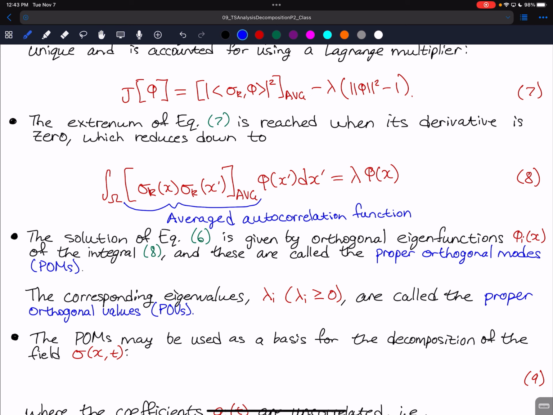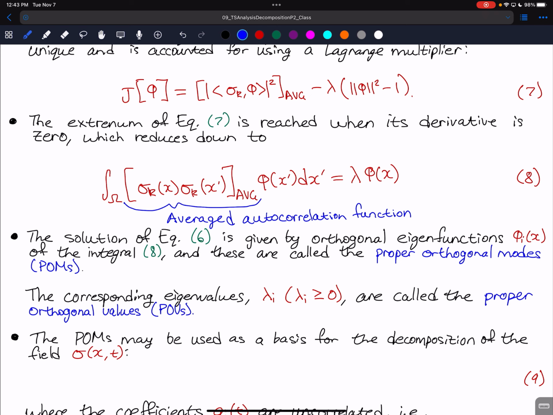You can kind of see how it's comparable to an eigenvalue problem in general, in the sense that lambda is now your eigenvalues for this integral operator. Once you find these phi sub i's, we call those the proper orthogonal modes. That's just the name of them.